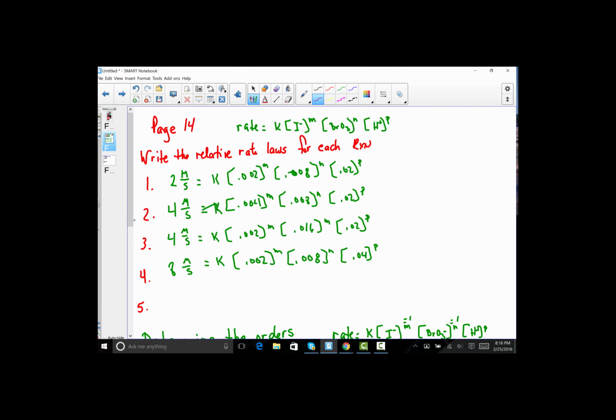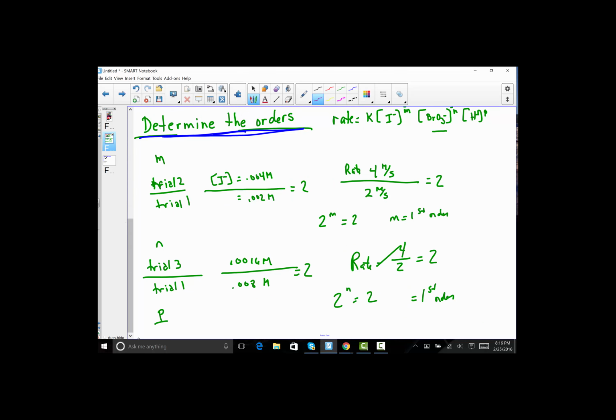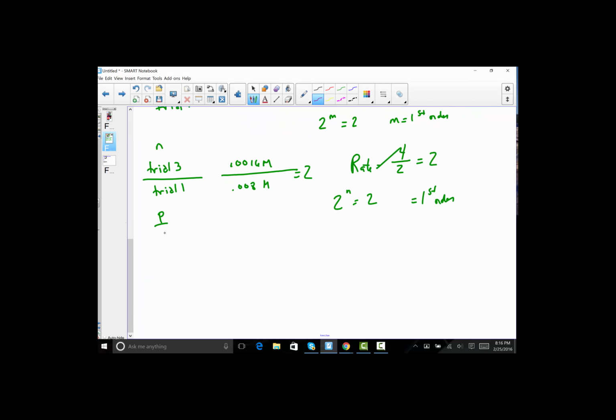So to find the exponent p, we'd compare trial 4 to trial 1, where the concentration was 0.4 molar for the acid, compared to 0.2 molar. We can see that we doubled the concentration.